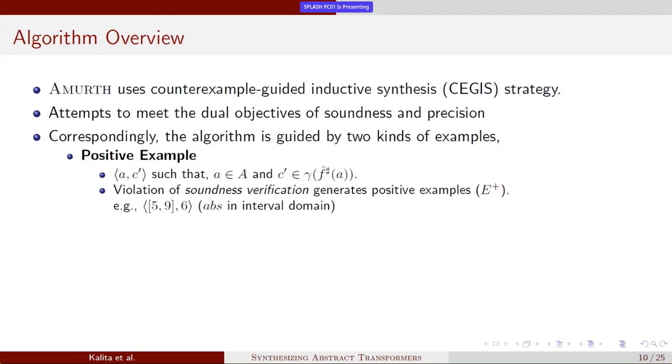That is a positive example. The positive examples come from the soundness verification in our tool. The violation of soundness verification gives us the positive example.